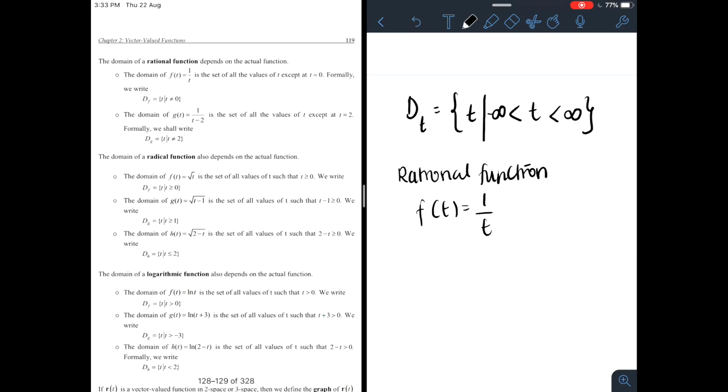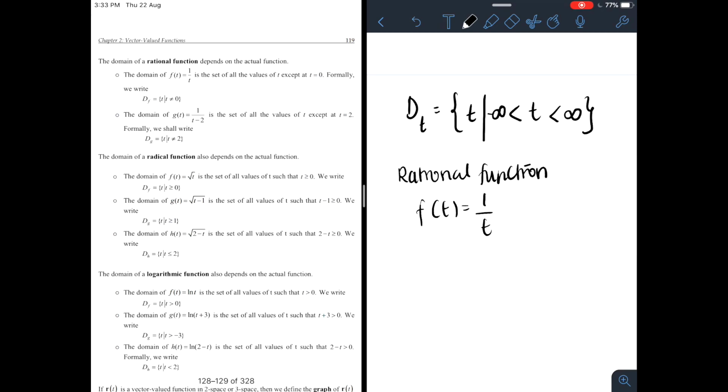Whenever you have a function in this form, you can call it a rational function, where normally the numerator of your fraction will be 1, and the denominator is a function written in terms of t. As you can see, you can choose any value of t and, by right, your function will be defined.